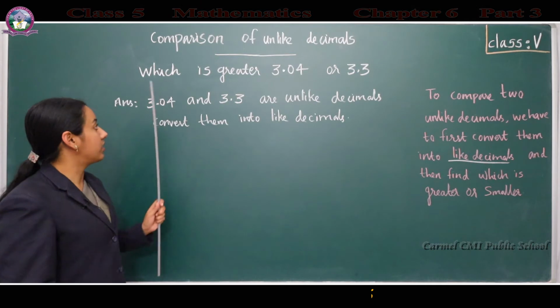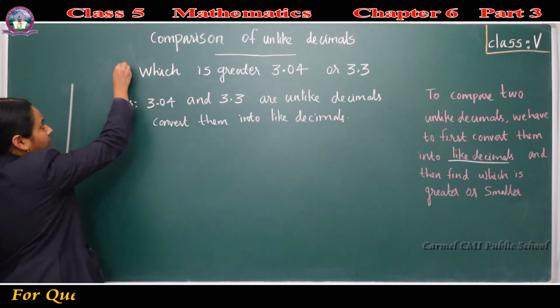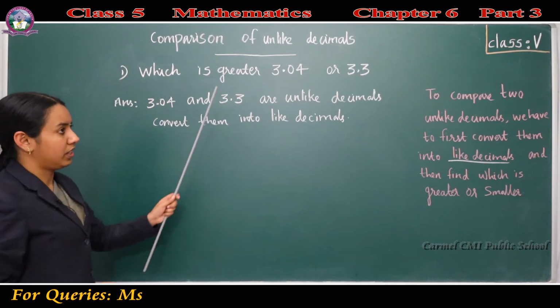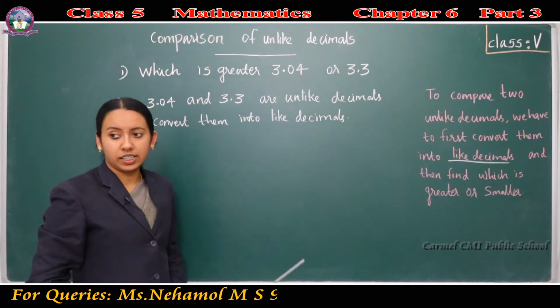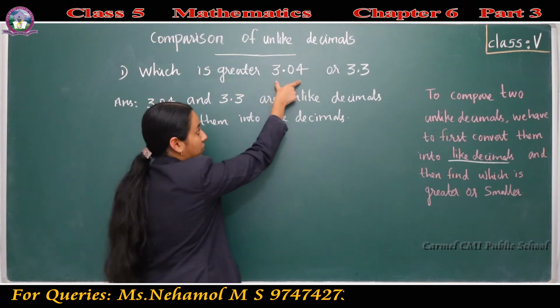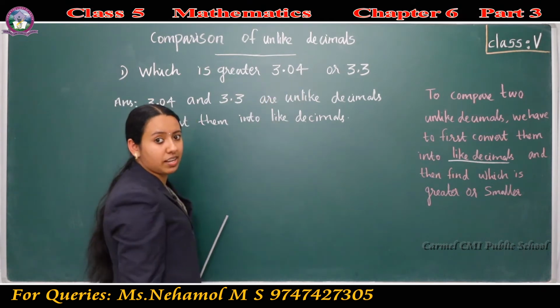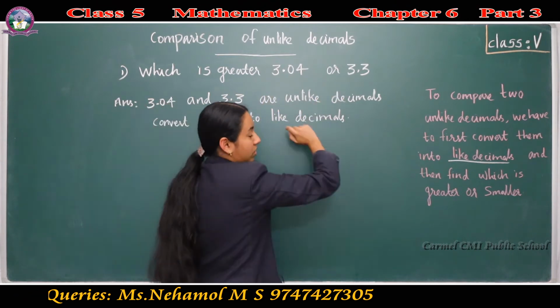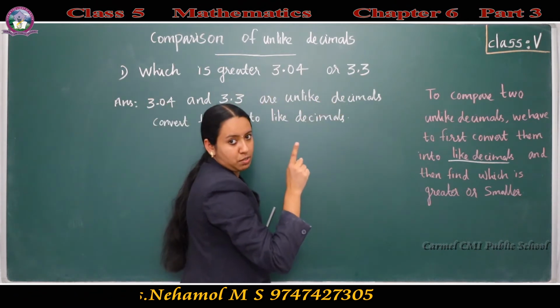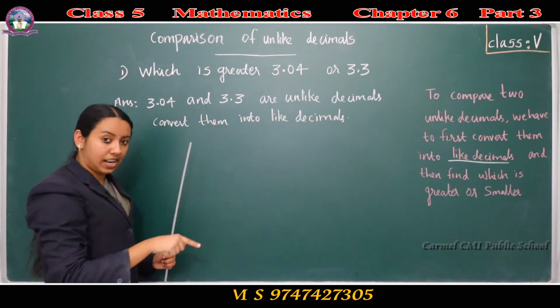Then consider an example. First one, which is greater, 3.04 or 3.3? The first number 3.04. How many decimal places are there? 2 decimal places. 0, 4. What about this one? Only 1 decimal place. So, they are unlike decimals.